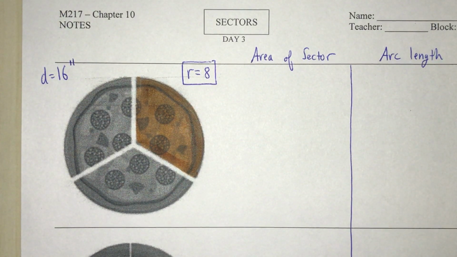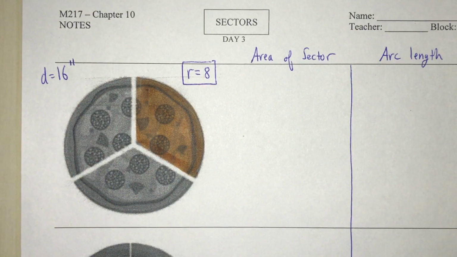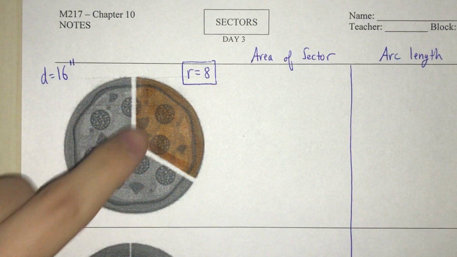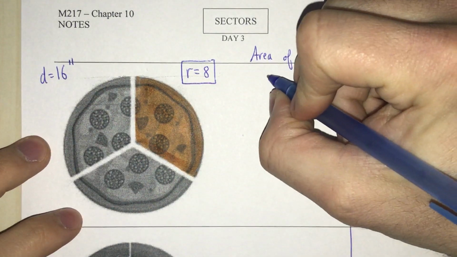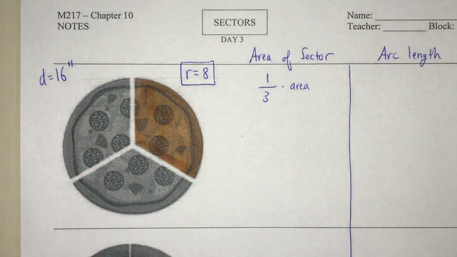So here's what I want you to think about: in this example, I'm giving you 1/3 of the pizza. Right now, I don't want the full area. I only want a piece of the area. So in this example, I want 1/3 of the area. And again, that's just for this example.